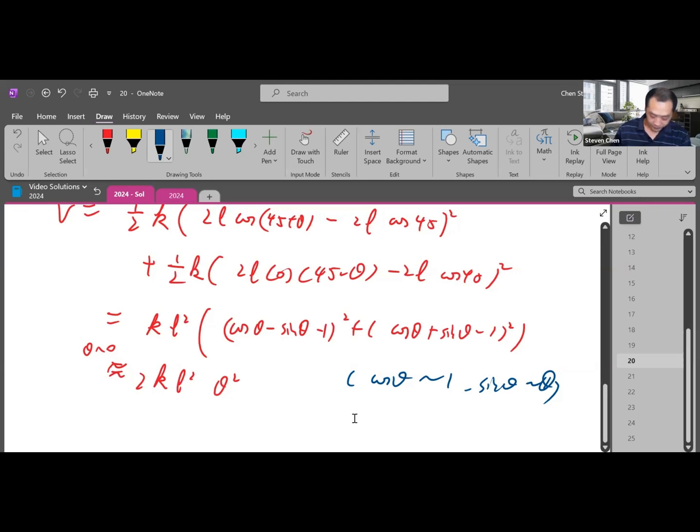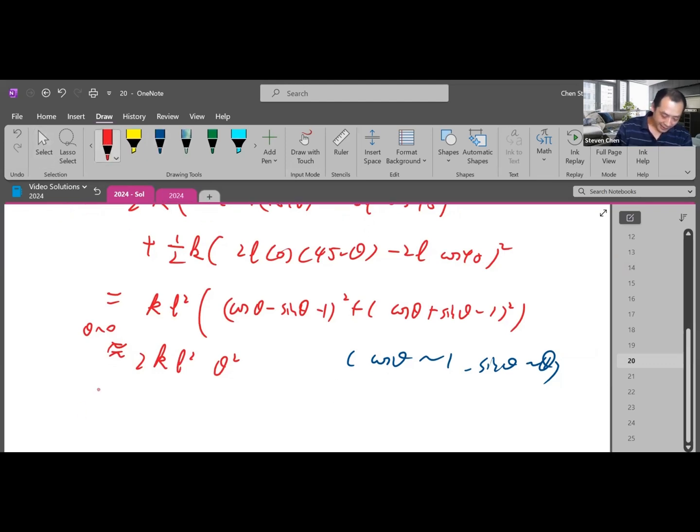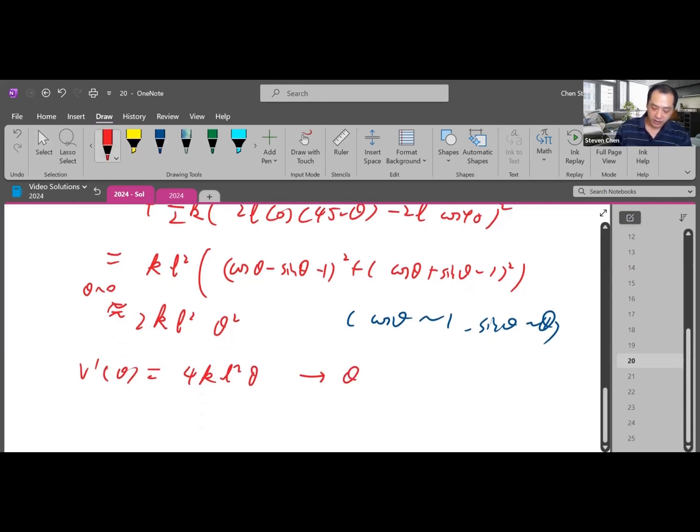By having this, we can compute the first order and second order conditions. The first order condition is 4KL squared theta, so we can easily see that the equilibrium theta naught is 0. Then we compute the second order condition about the equilibrium point, which is simply 4KL squared.